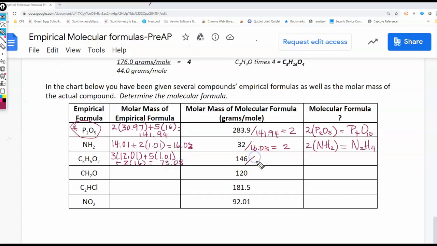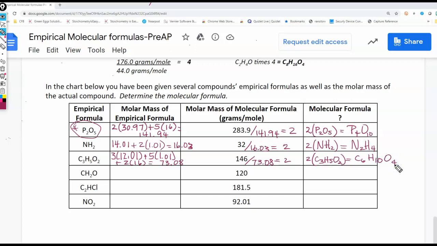And so dividing by that, I end up with approximately 2. It looks like all of my examples so far have come out to approximately 2 for my factor, and this one comes out to that again. So my empirical formula was C3H5O2, and multiplying that by a factor of 2 gives me C6H10O4 for my molecular formula.